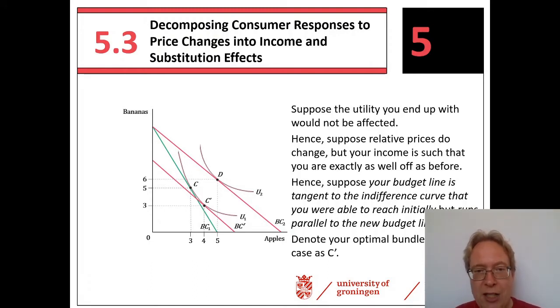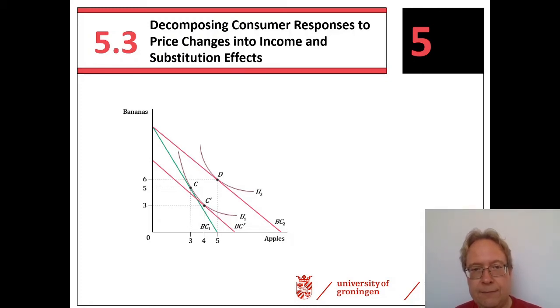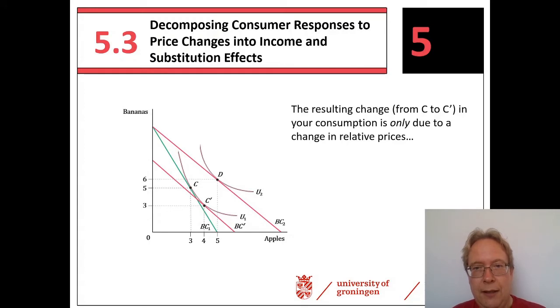That is your change in consumption due to a change in relative prices while keeping your disposable income constant, keeping your original utility level intact, if you like. So that change from C to C prime is only due to a change in relative prices.